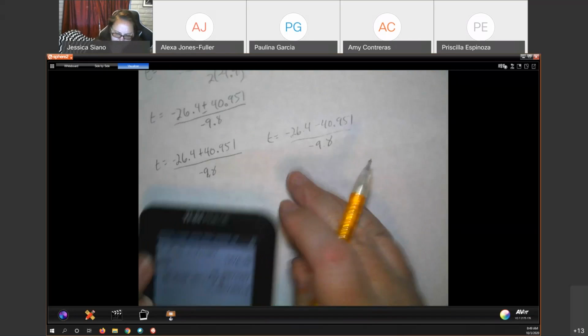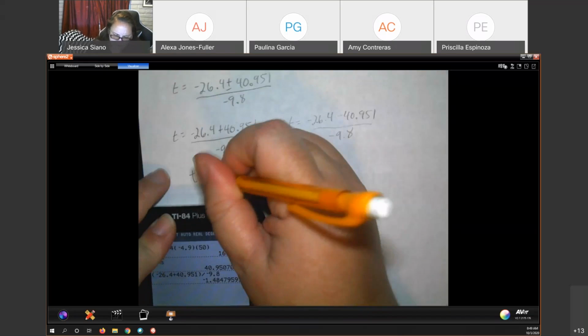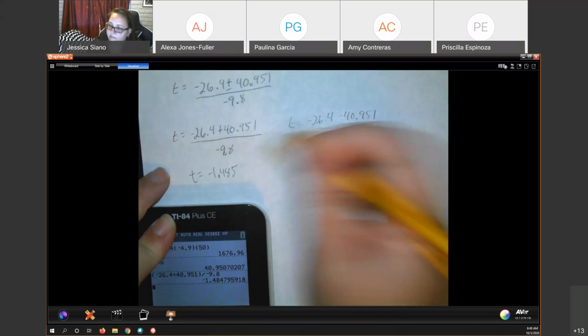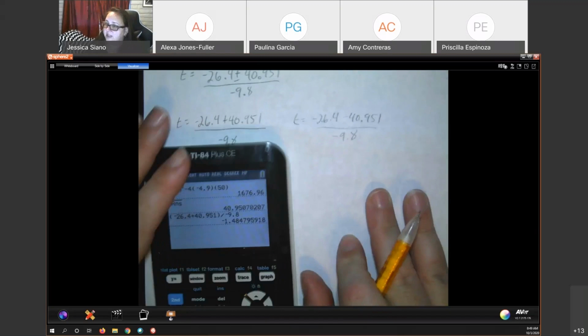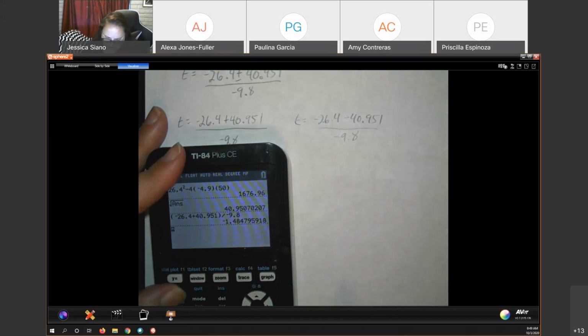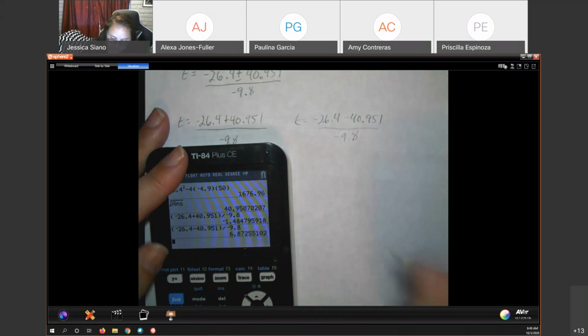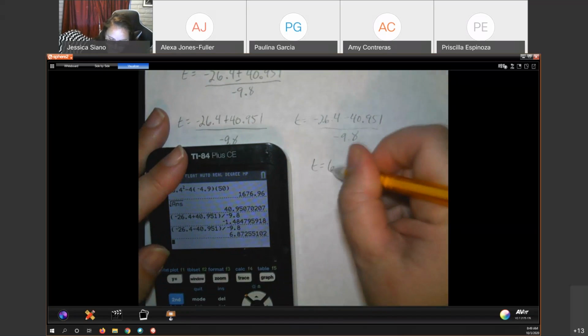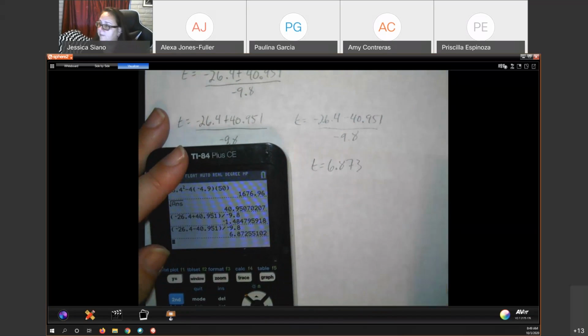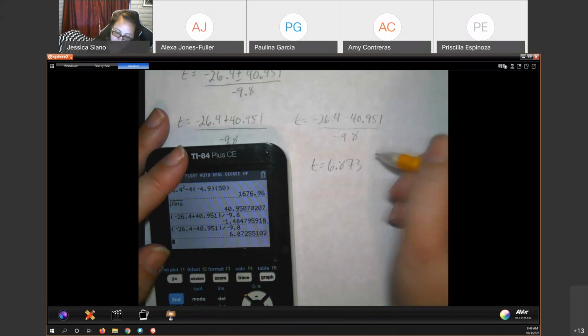Negative time again. I'm going to go with no on that one because you can't really have a negative time unless you guys have some kind of cool spaceship that you're not telling me about. Or, I guess, time machine, actually. There it is.